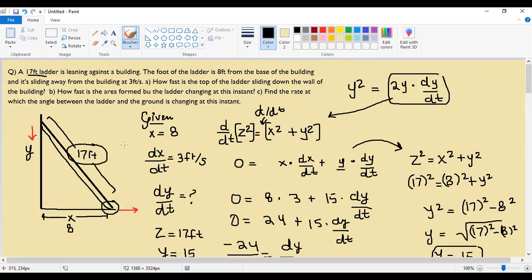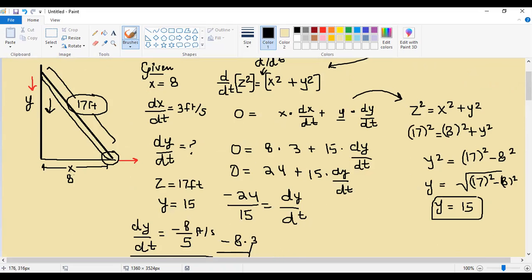And we are told, part B essentially says, how fast is the area formed by the ladder changing at this instant? So this poses another question. Of course, when the ladder actually falls, the overall area within the triangle will actually decrease along with it.